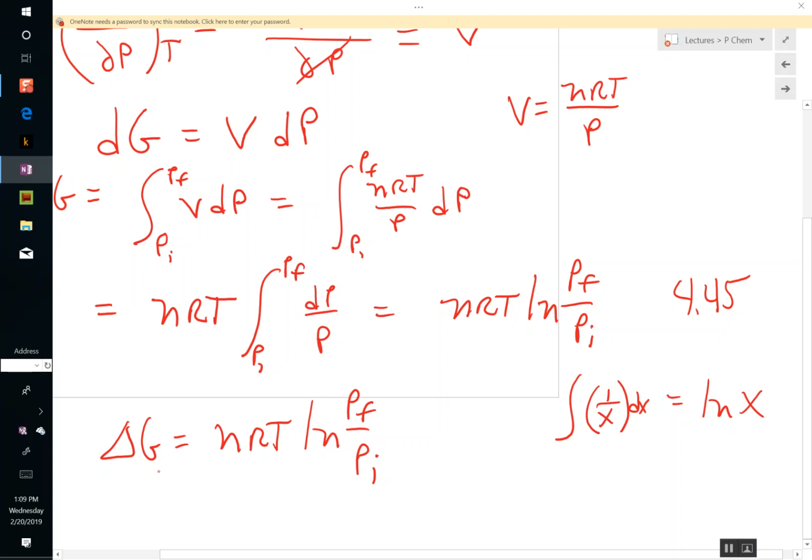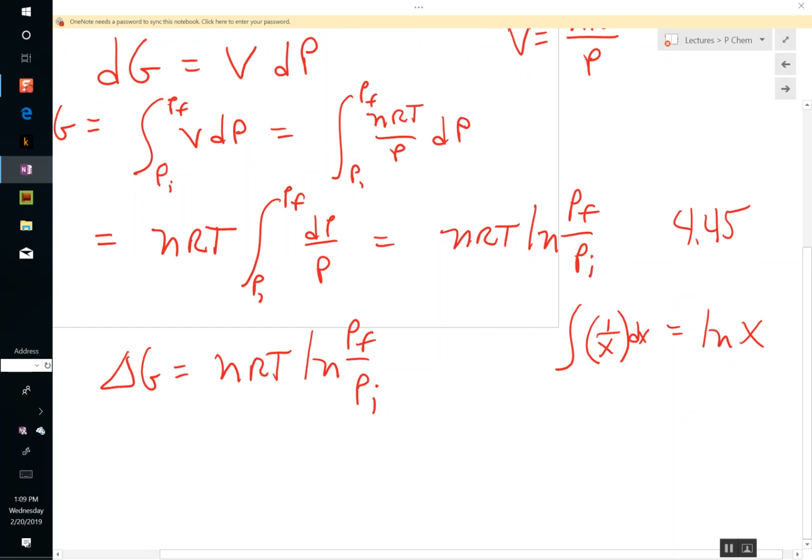So this is delta G, and we're leaning heavy on delta G because that's going to move on to chemical potential and equilibrium, constant temperature and pressure conditions. That's going to be really related to chemical systems. So we have that equation: delta G equals nRT times the natural log of the final pressure over the initial pressure.